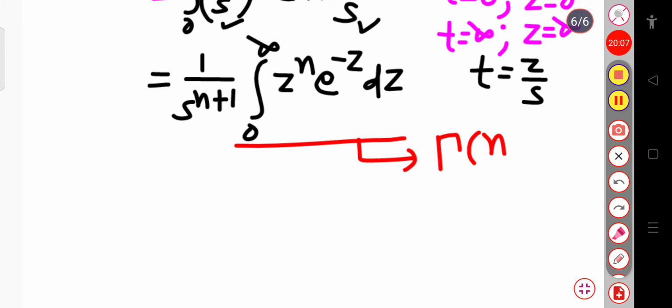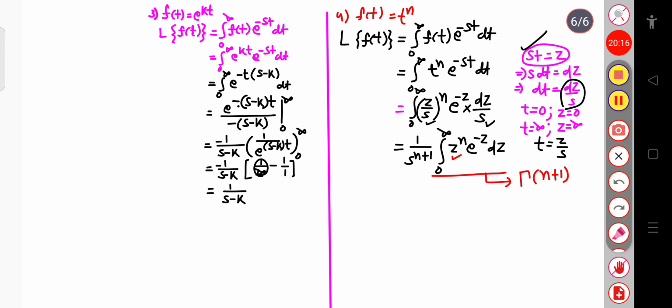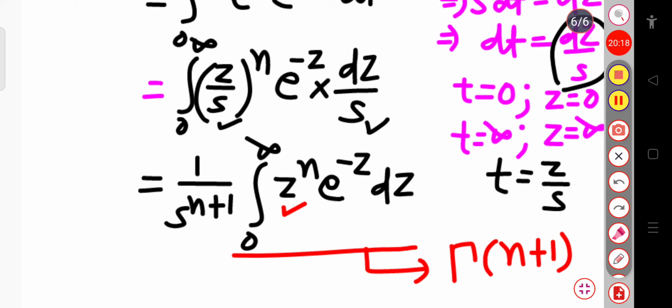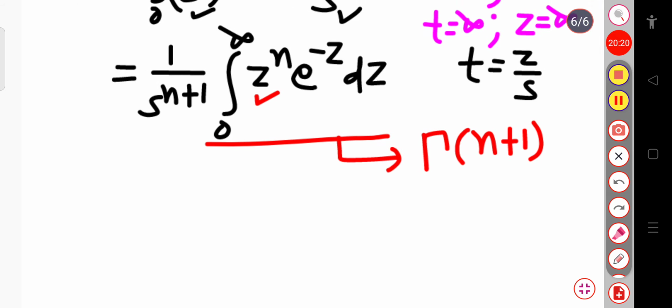This is gamma of n plus 1. It can be written as the integration from 0 to infinity of z power n into exponential minus z into dz. This is the value of gamma of n plus 1. Now if I write it here, this is equal to 1 by s power n plus 1 into gamma of n plus 1.